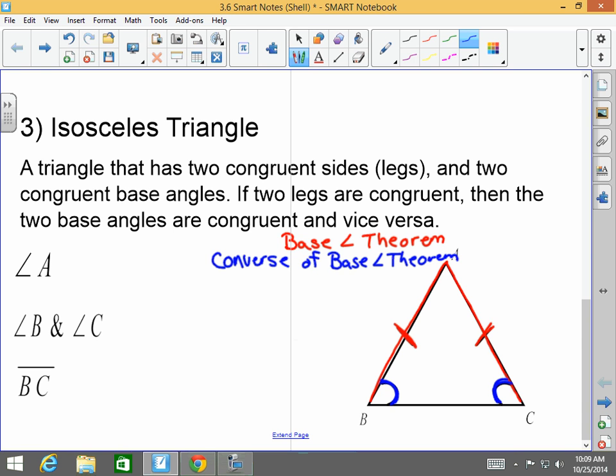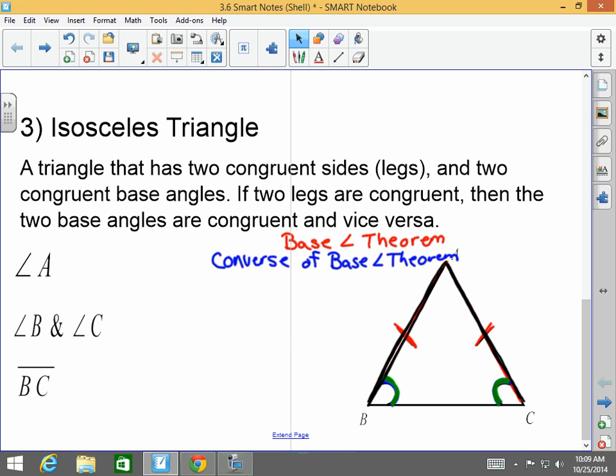And the converse of the base angles theorem states that if the base angles are congruent, I'm highlighting them in green now, if the base angles are congruent, then the sides or the legs of the triangle are also congruent. So a lot of powerful stuff here. Okay, a lot of powerful stuff.